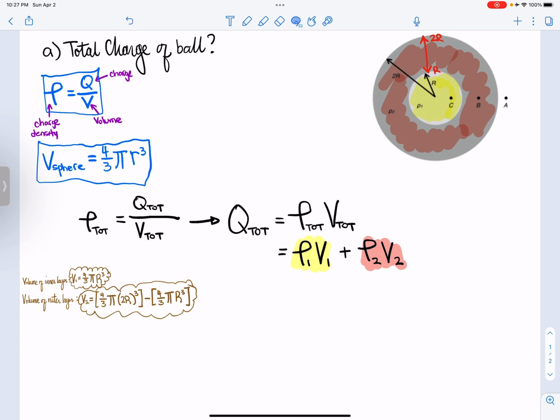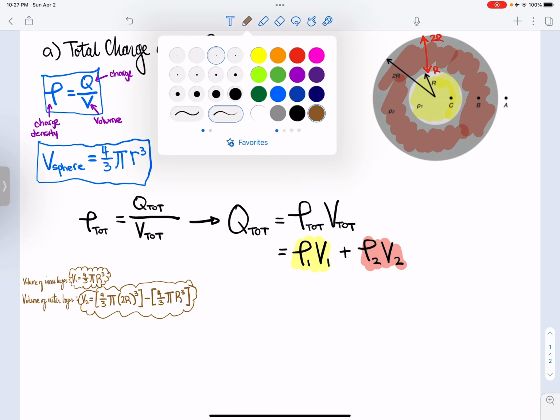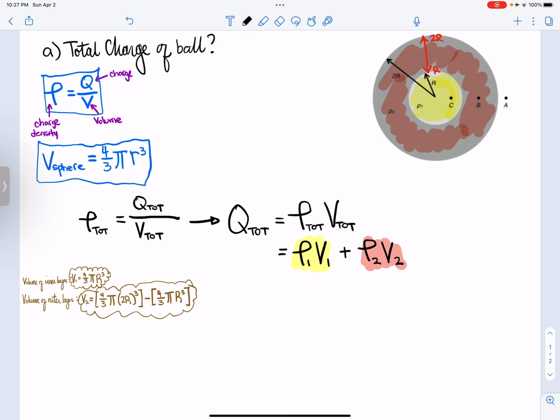Okay. So now I'll plug that into my formula right here. That's going to be rho 1 times my V1, which is 4 pi R cubed divided by 3, plus rho 2 times V2, which is this guy right here.